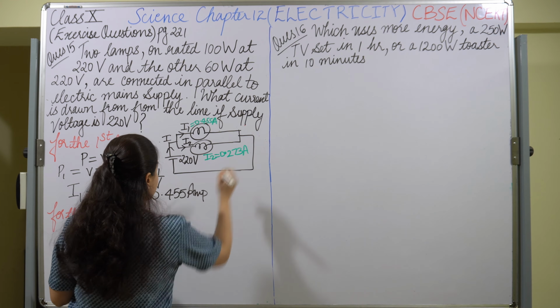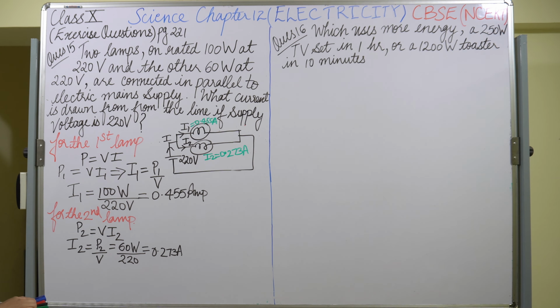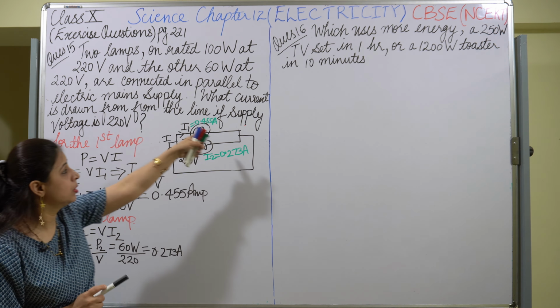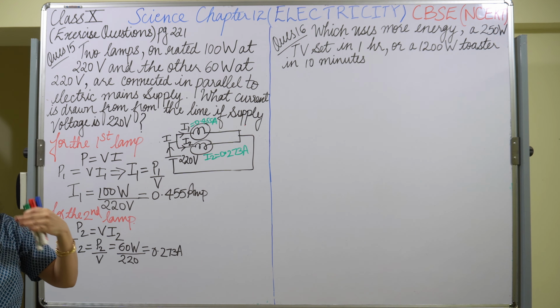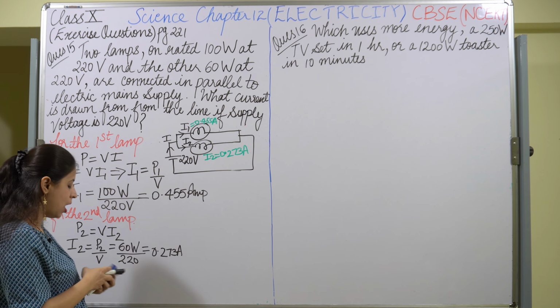Now we need to find the current drawn from the line. The current drawn from the line will be equal to the total current, I1 plus I2.